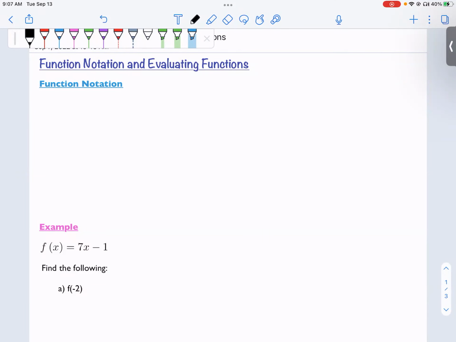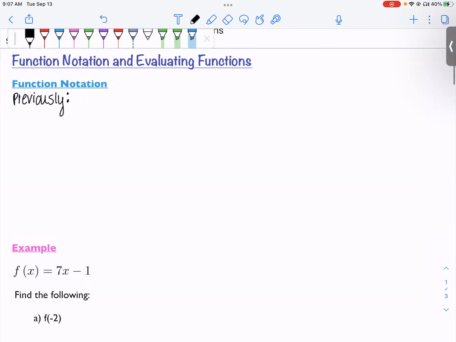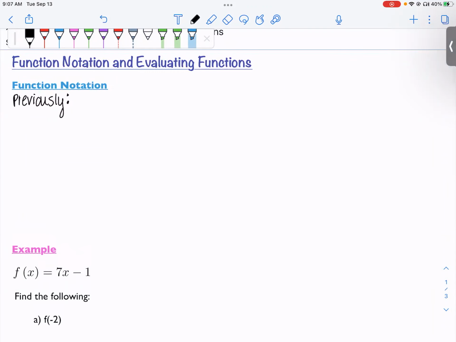Talk about function notation. Previously, when we talked about evaluating expressions, this is what we've done. When we evaluate functions, we've said something like, evaluate y equals 2x plus 1 for x equals 5.